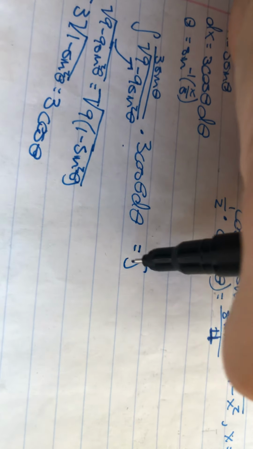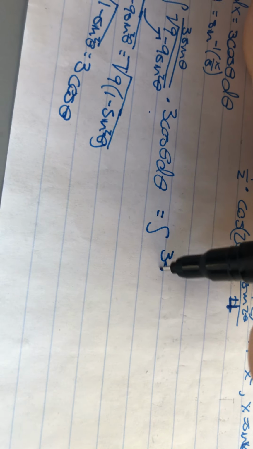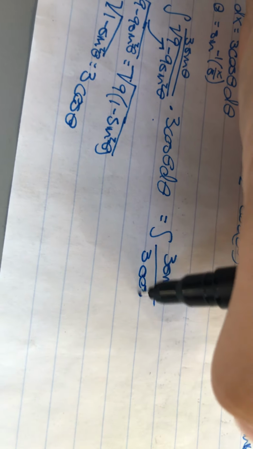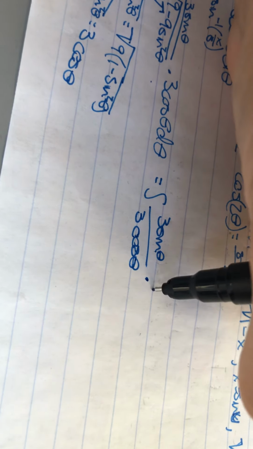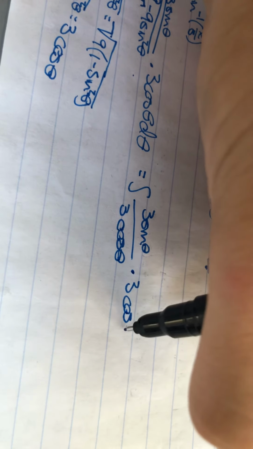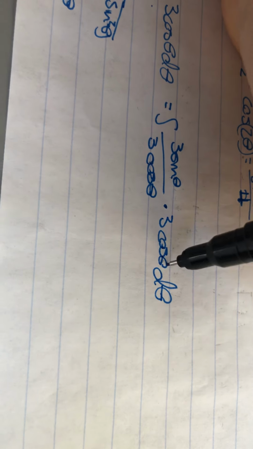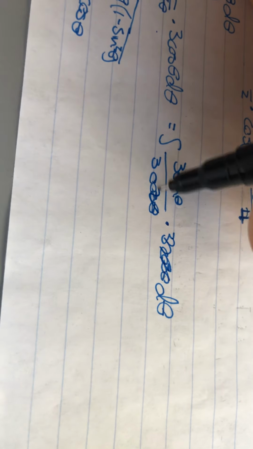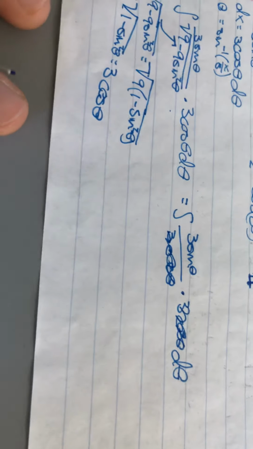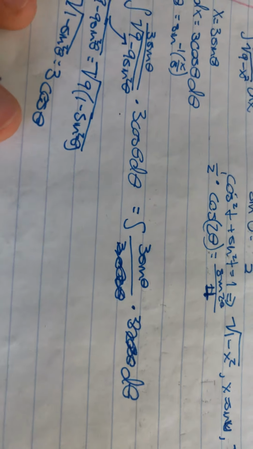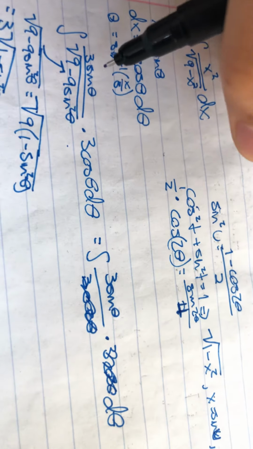So I'll have the integral of 9 sine squared theta over 3 cosine theta times 3 cosine theta d theta. You can see how all of these cancel out. Wait, this is not a 3 up here.